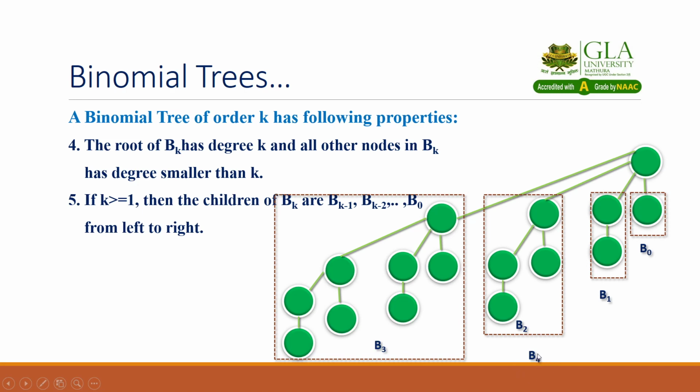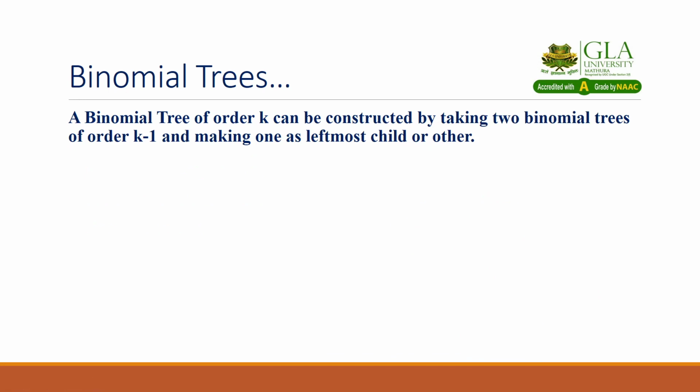Okay, so you can understand properties 4 and 5. Now I have taken two examples to construct binomial trees with the help of order k minus 1. So if there is order k, then there will be two trees of order k minus 1. So 2 B0 will form a B1.